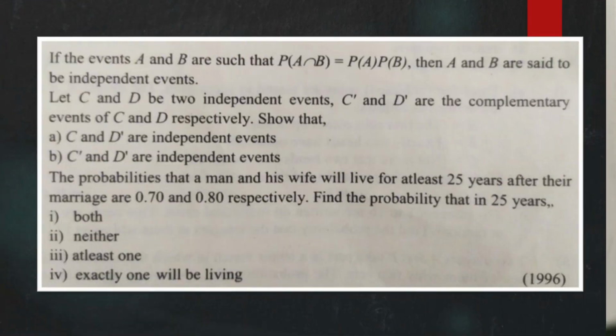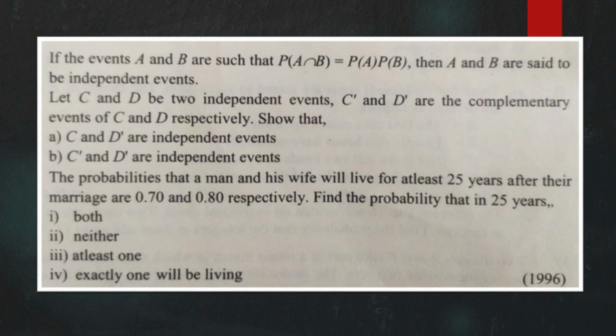Okay children, I'm going to an example. If the events A and B are such that P(A intersection B) equals P(A)P(B), then A and B are said to be independent events. Now we already know it. Let C and D be two independent events.